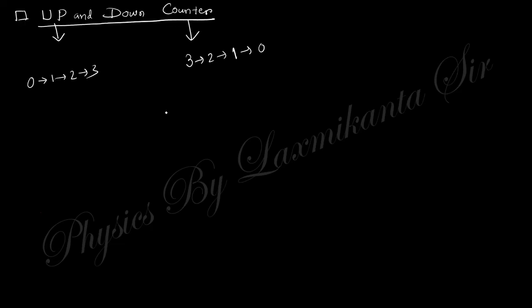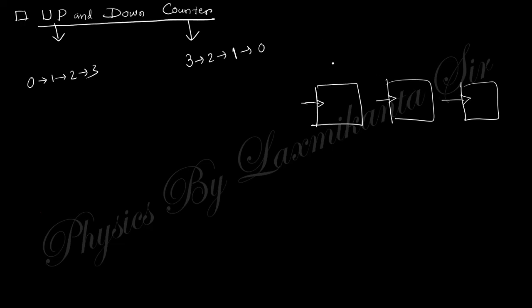Now, how will you get an up counter and a down counter? You know, the counter is like that. There is a flip-flop, JK flip-flop, etc. But there is a clock. Important thing is the clock. This flip-flop will be a JK flip-flop or D flip-flop. But the important thing is the clock pulse.